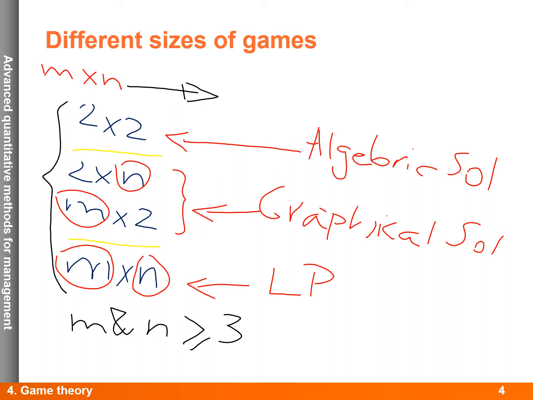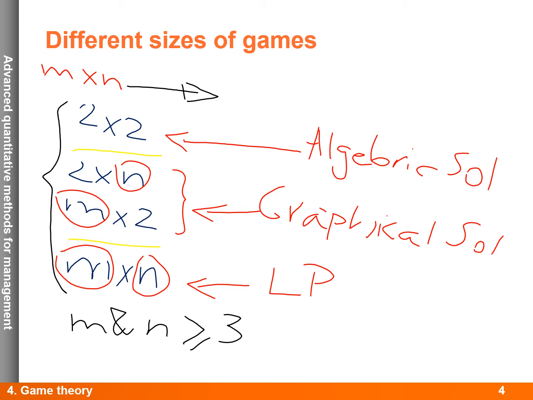But guys, the first step to see if I apply graphical solution is to ask this question: may I reduce the size of the game? May I decrease the size of the game? How can we decrease the size of the game? Exactly, by the dominated strategies.